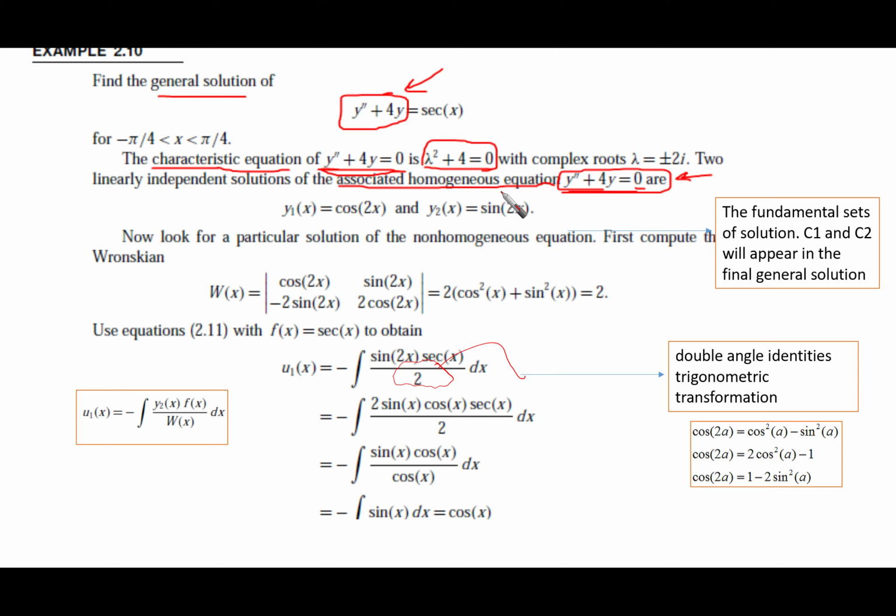It's a good exercise for you to recall what you have learned in the previous videos. Okay, you are going to make it, and you are going to find that y1 equals cosine 2x, y2 is going to be sine 2x. Actually, this is, as I said, the fundamental set of solutions.